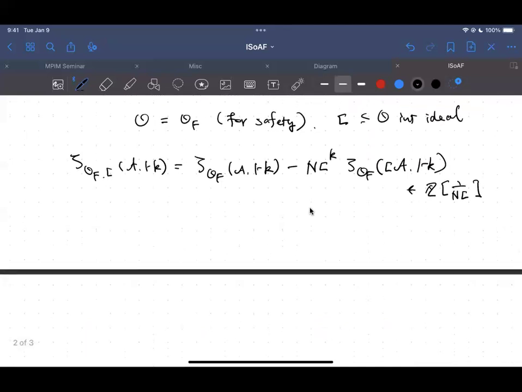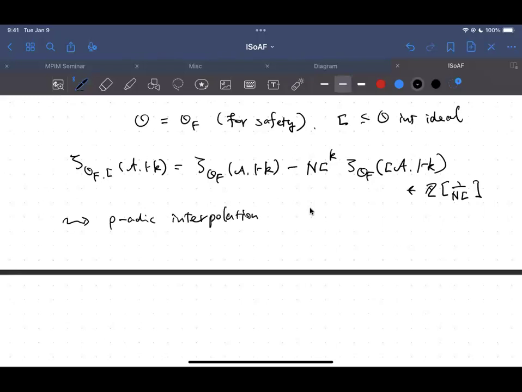So this is often called integrality, and we have a further refinement, which is called periodic interpolation, essentially meaning there is a periodic interpolation of these values. But I will not discuss this in this talk.